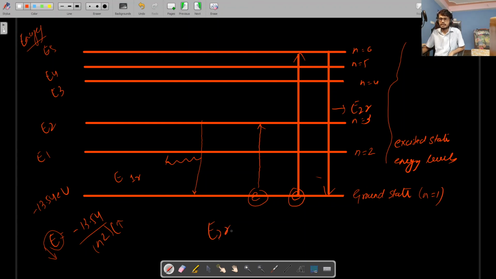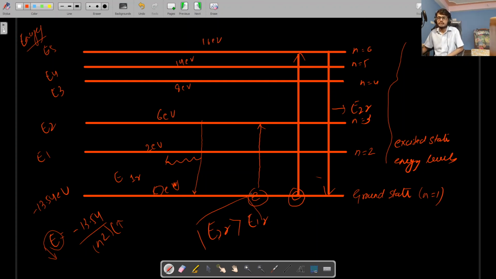Now which one will be greater, E2R or E1R? E2R will be greater every time. It is excited to a higher energy level. Let's assign the ground state to be 0 electron volt, and let us assume that the energy increases to 2 electron volt here, 6 electron volt here, 8, 14 and 16 electron volt.